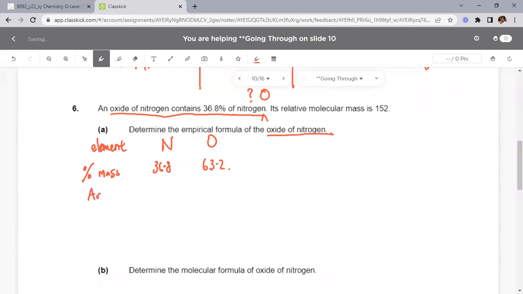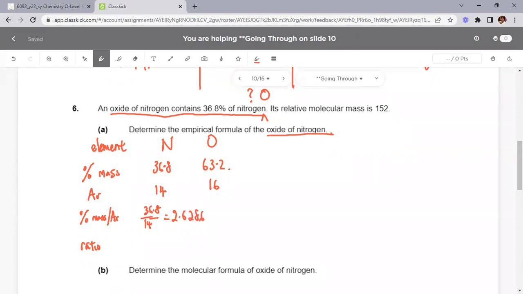So I need the AR next. Nitrogen is 14, oxygen is 16. I'll need to take the percentage mass divided by the AR. Then the last one is to get the ratio. So percentage mass divided by AR, 36.8 over 14 will be 2.6286.